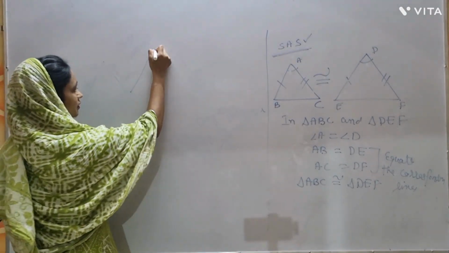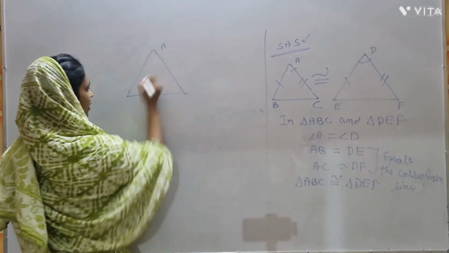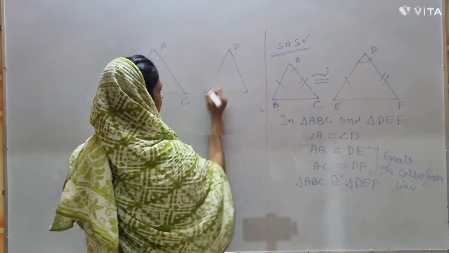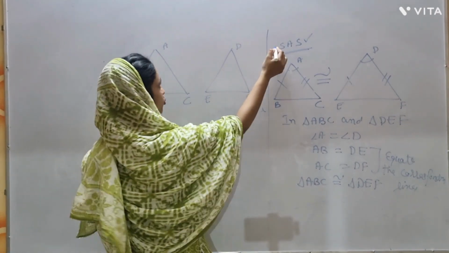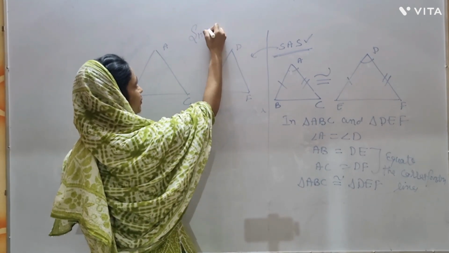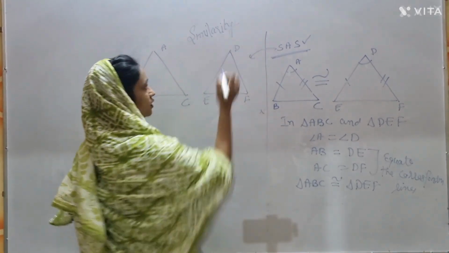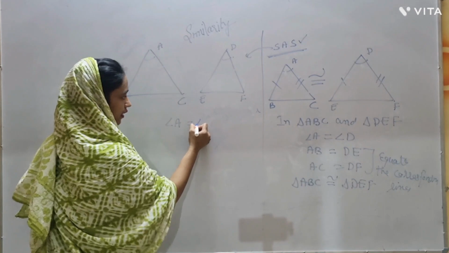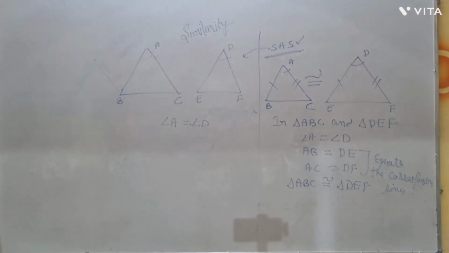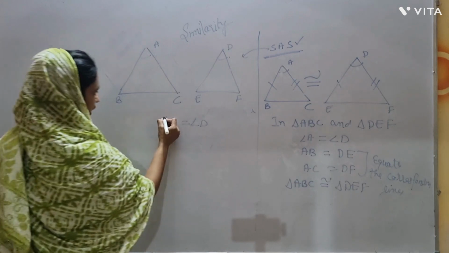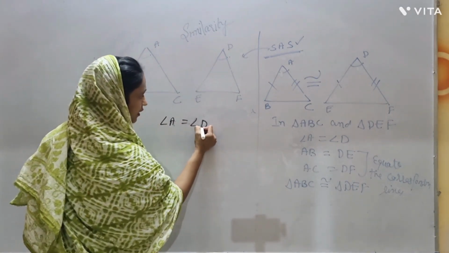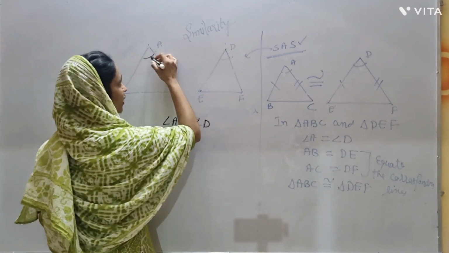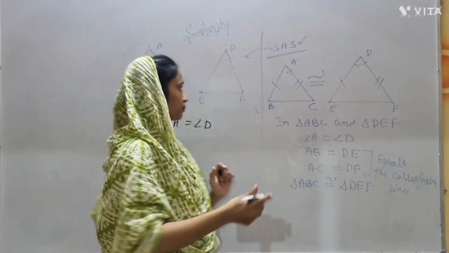Suppose there are triangles ABC and DEF. Angle A is equal to angle D, and the sides including that equated angle are in proportion.